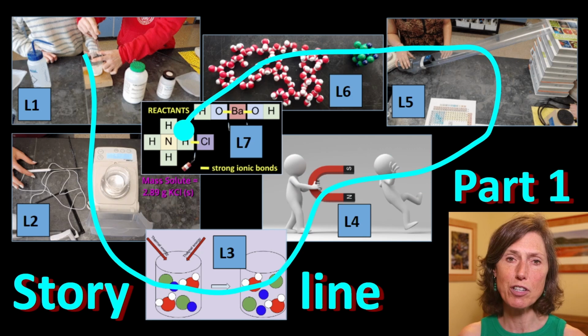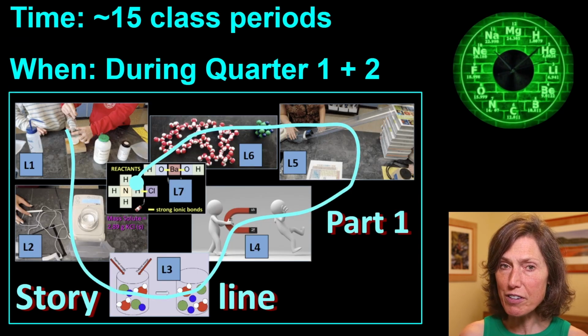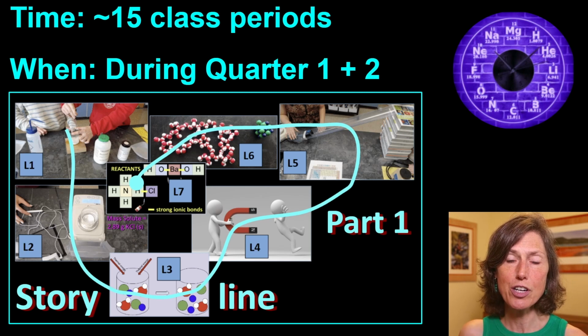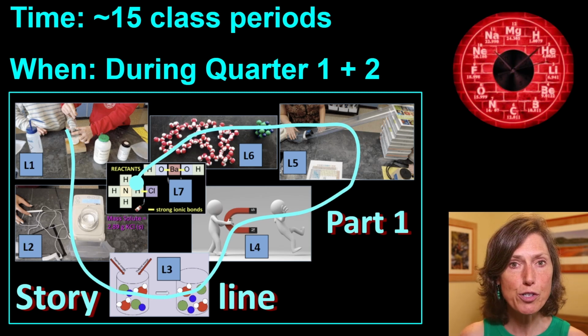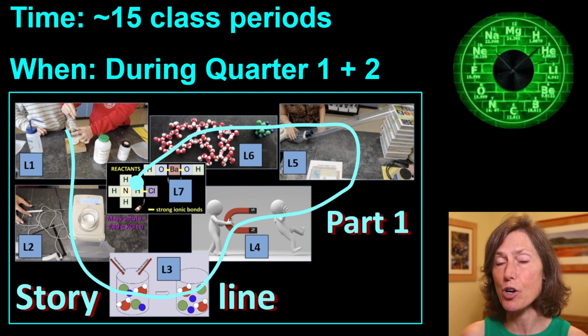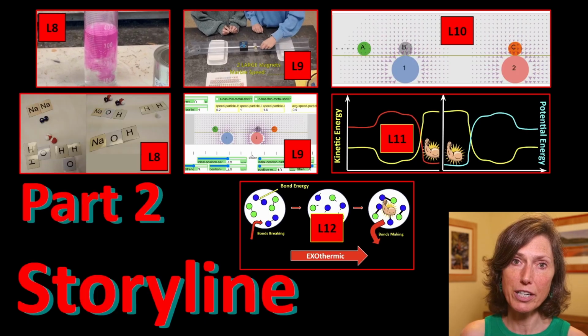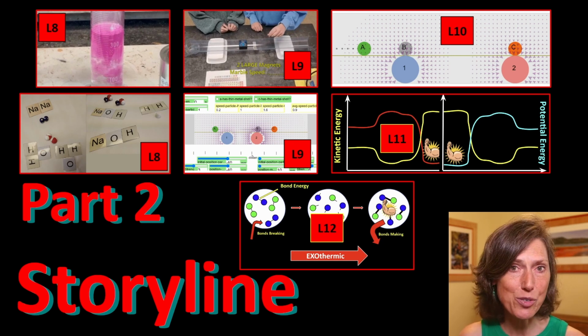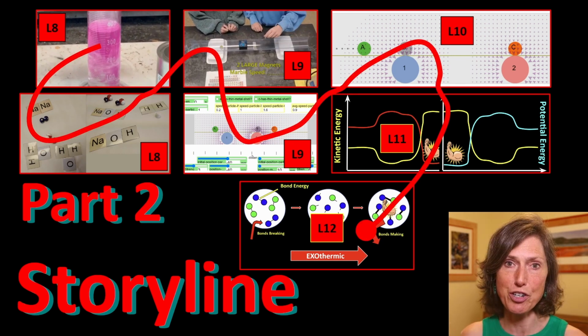The first half of this bonding storyline covered 7 lessons, which took roughly 15 class periods to teach, and I taught these lessons during marking periods 1 and 2 of the high school chemistry curriculum. Whereas the first half of this storyline focused on an endothermic reaction, the second half focused on an exothermic reaction, and these 5 lessons were nicely connected to each other.